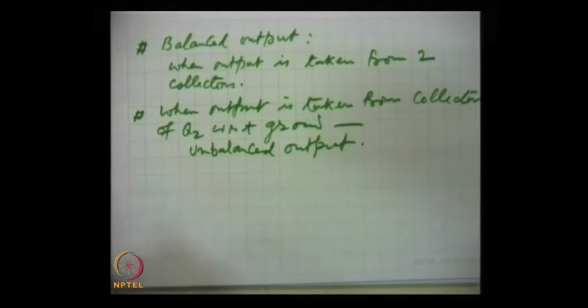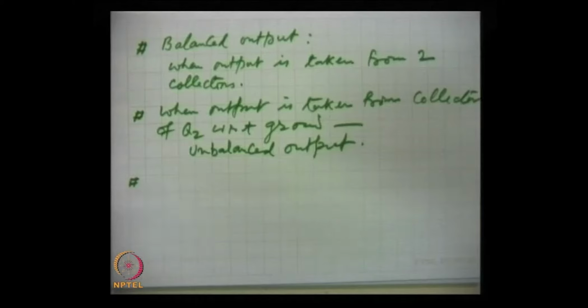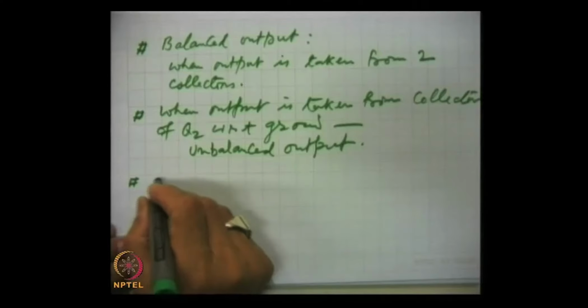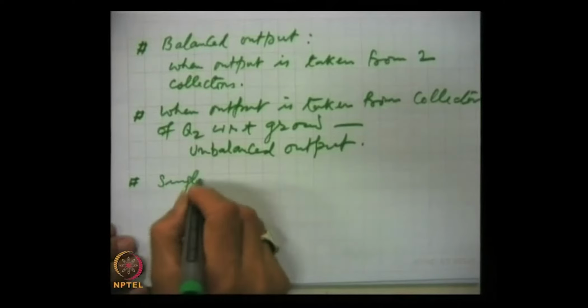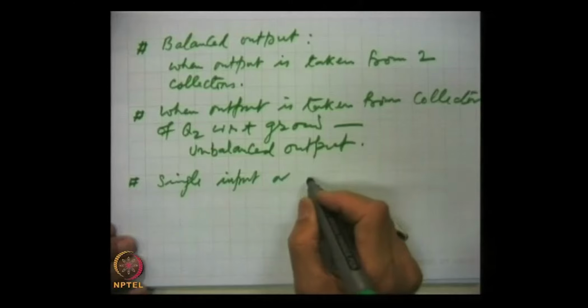Similarly, we use two input signals, so we can get a balanced output or unbalanced output depending on the application. Besides that, we can have single input or two inputs.